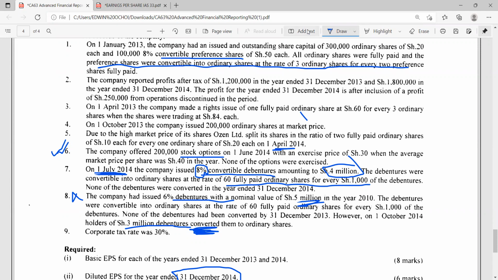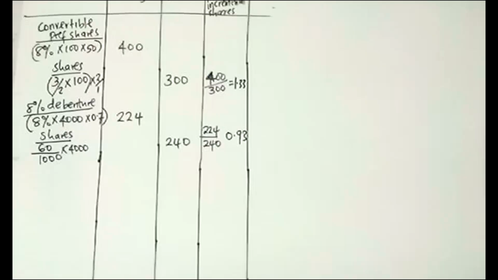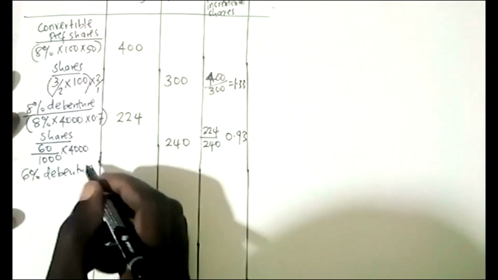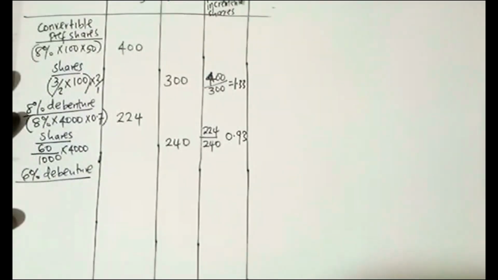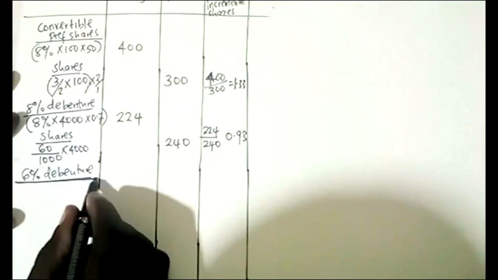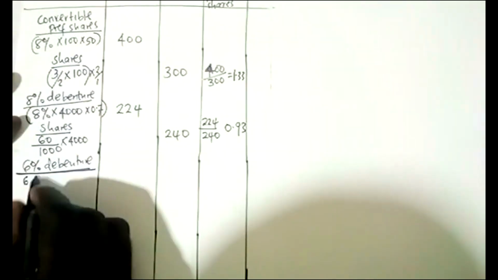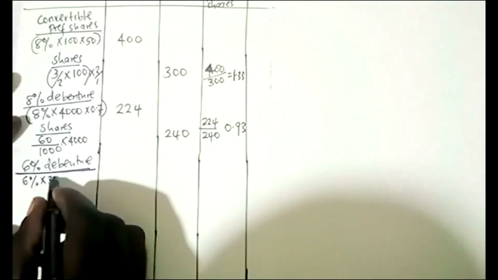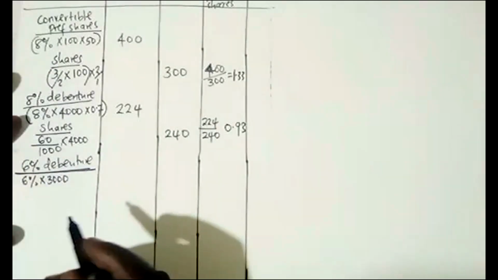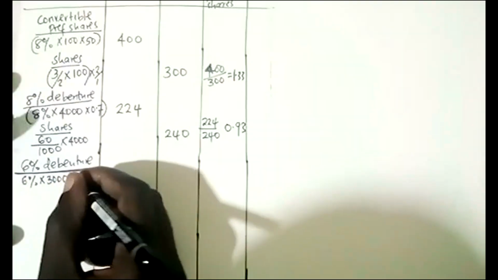So I will recognize first the 3 million by saying that it's a 6% debenture, which is convertible. So under earnings, first I will recognize 6% of the 3 million, that is 3,000, up to the date of conversion.